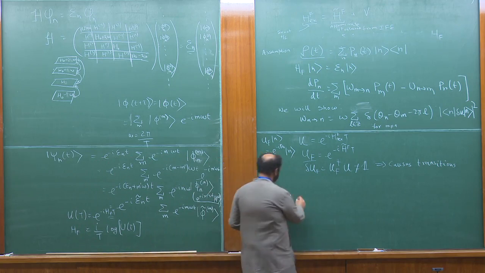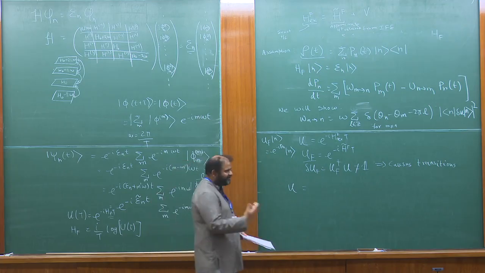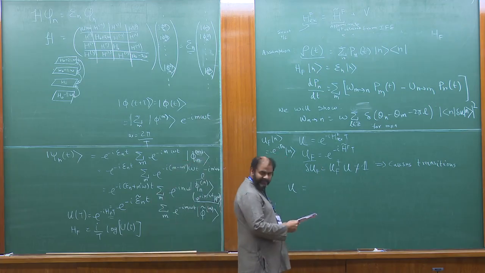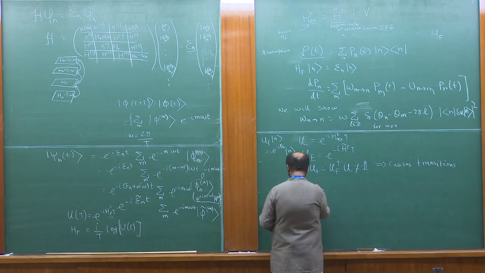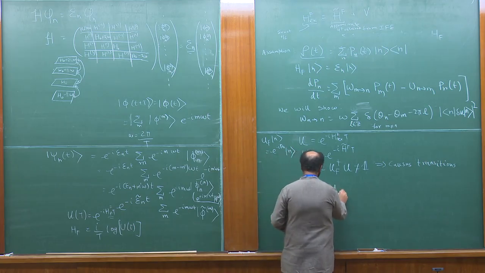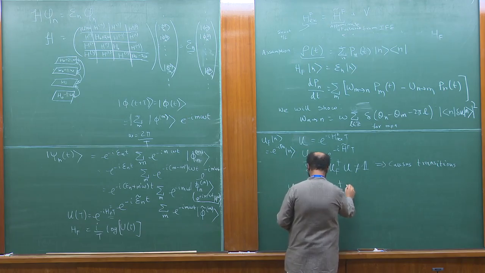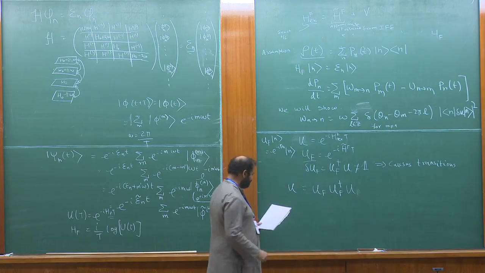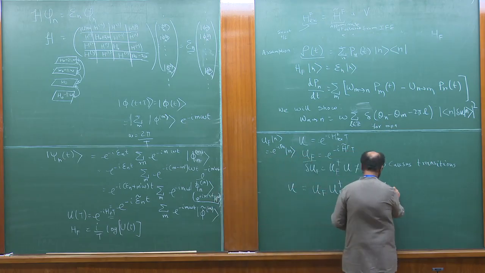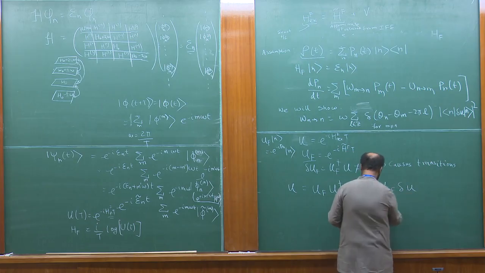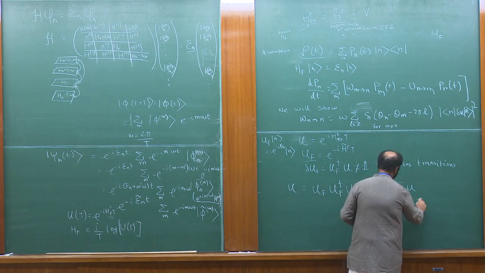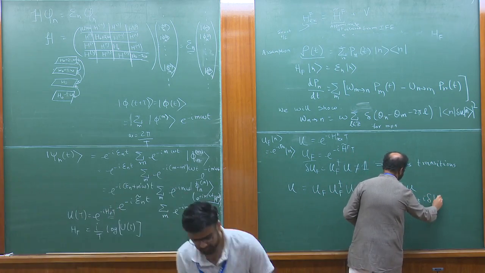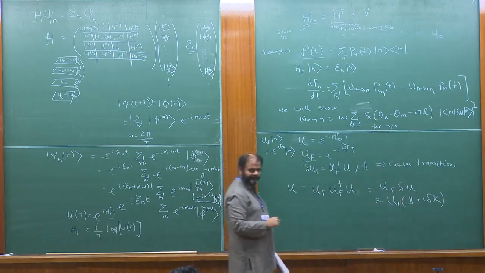So the first thing that I want to do is expand the original U linearly in terms of this delta U. For that I want to write U as UF dagger U, which is UF delta U, which I am going to expand as UF times identity plus i delta K. Okay.